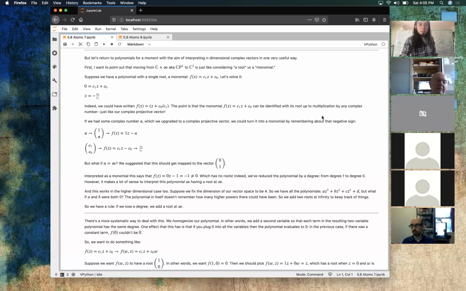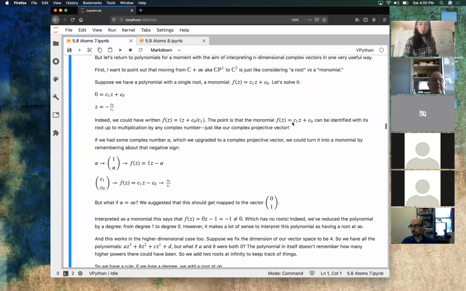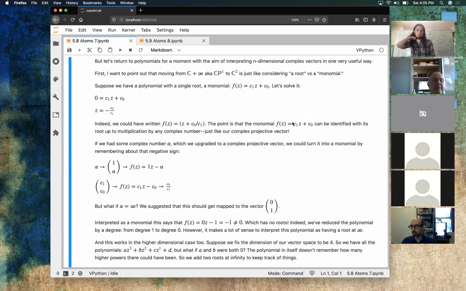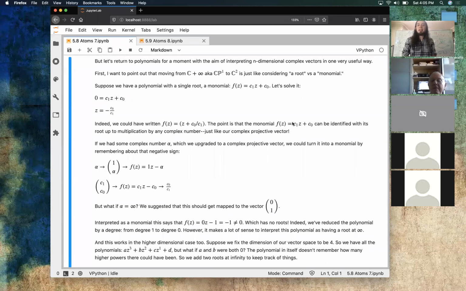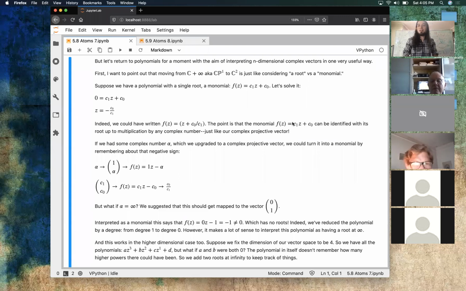All right, let me make this a little bigger. So, we've talked a lot about the complex projective space that we use to represent a qubit. And when you think about it, there's already an analogy there to polynomials, in the sense that if you have a monomial, a polynomial with a single root, that root is invariant if you multiply the polynomial by a complex number.